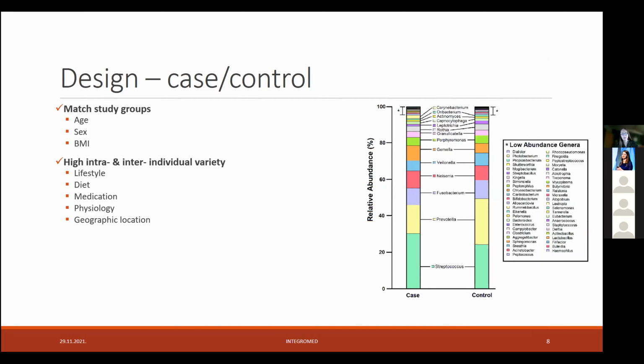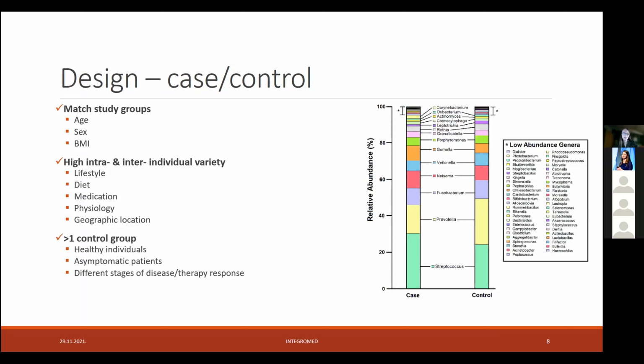We need to take into account that nevertheless, however we try to match the study groups, there will still be high intra and inter-individual variety because of the differences in lifestyle, diet, medication use, physiology, geographic location, and so on. So maybe some of these factors we can control, and for some others, we just need to collect the information like we talked in the previous slide.